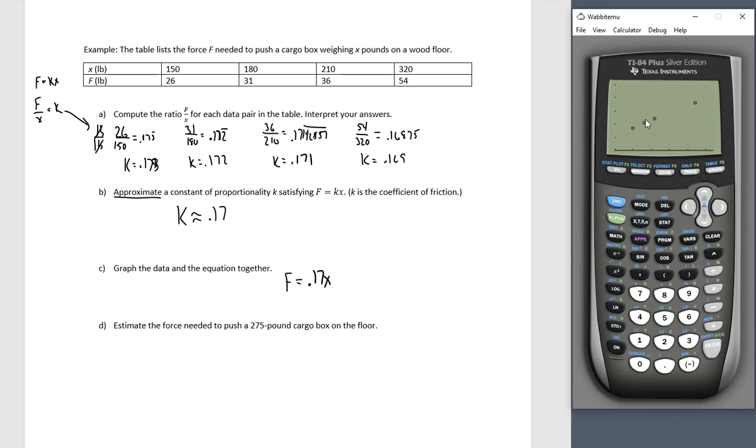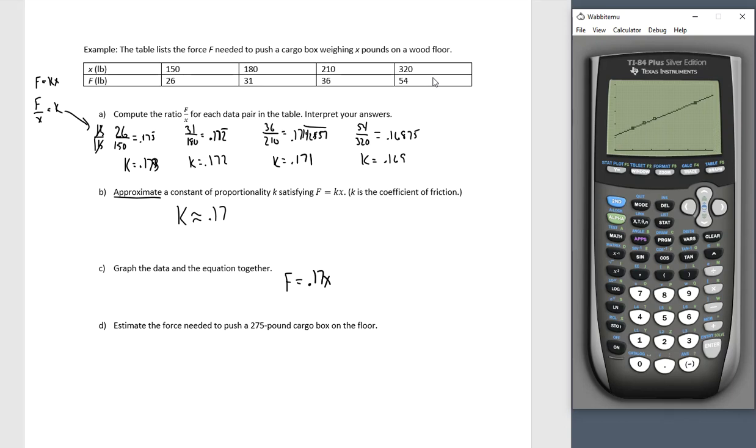So there's my data. At 210, we jump all the way to 320, a pretty big jump. Now let's graph our equation, 0.17x. When we graph them together, we see that this is a really good fit to this line.